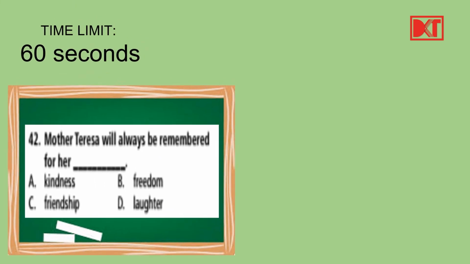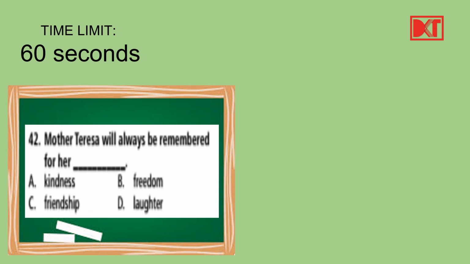Okay, this one says, Mother Teresa will always be remembered for her A. Kindness, B. Freedom, C. Friendship, or D. Laughter. Now we know that Mother Teresa was a really kind soul. She helped the poor a lot, and she was involved in the social welfare of the disadvantaged.